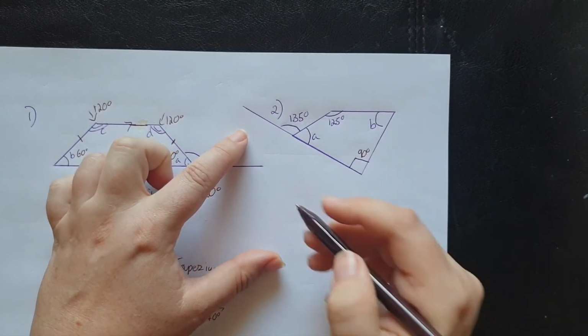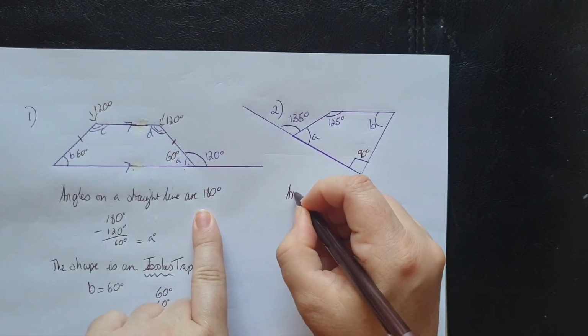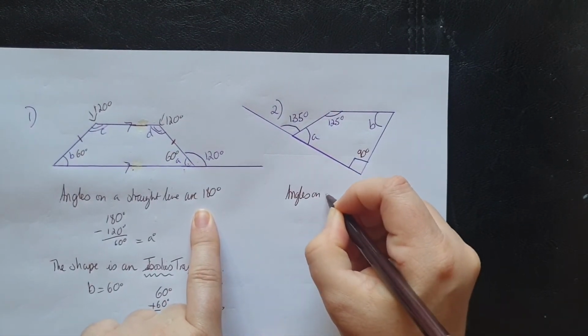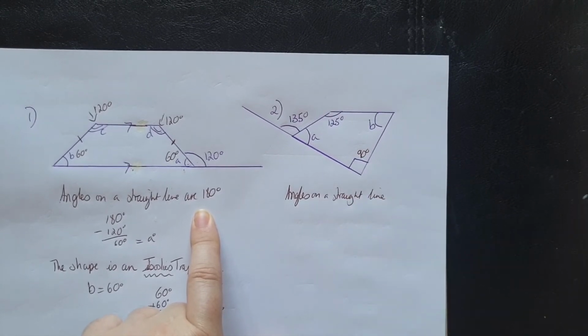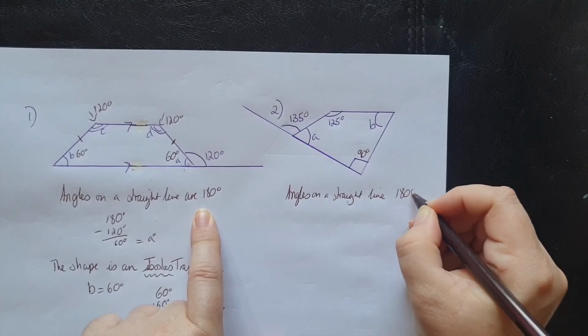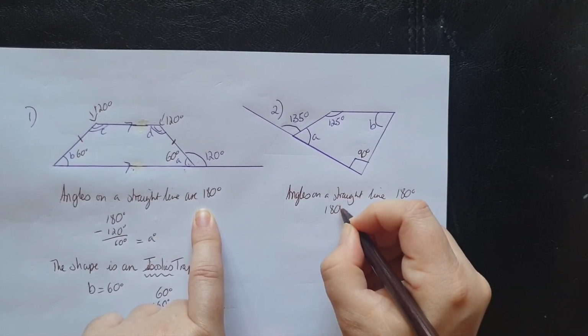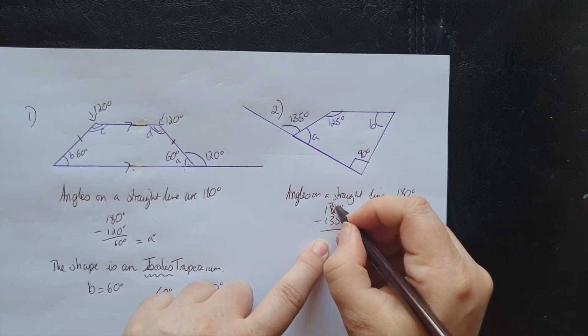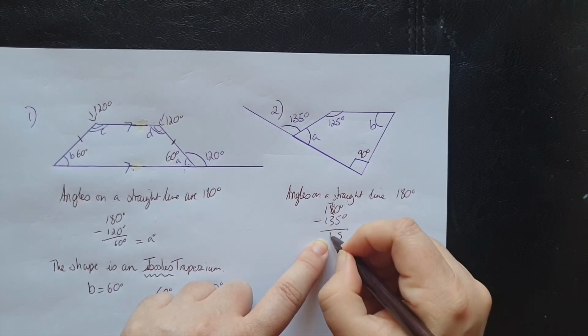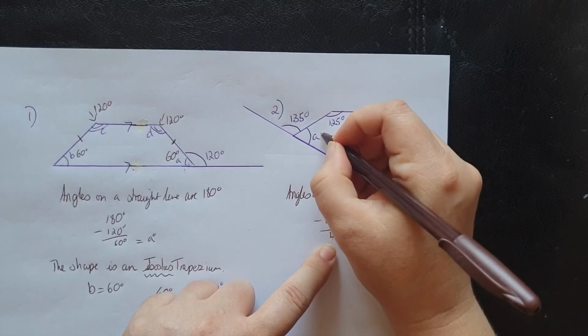We have a straight line here again. Angles on a straight line 180, therefore 180 degrees minus 135 degrees gives us 45 degrees.